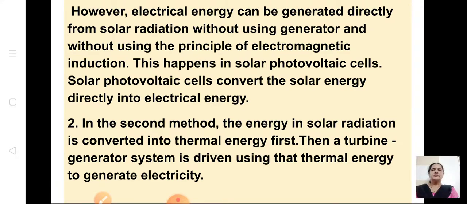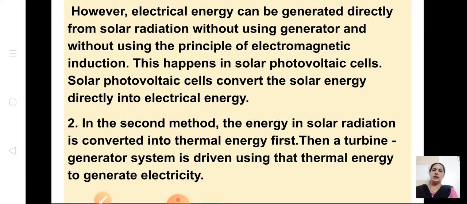Okay. In the second method, the energy in the solar radiation is first converted into thermal energy, and then the turbine is rotated, as we saw in coal thermal power stations. The same thing happens, isn't it? When the coal burns, it is converted into thermal energy.